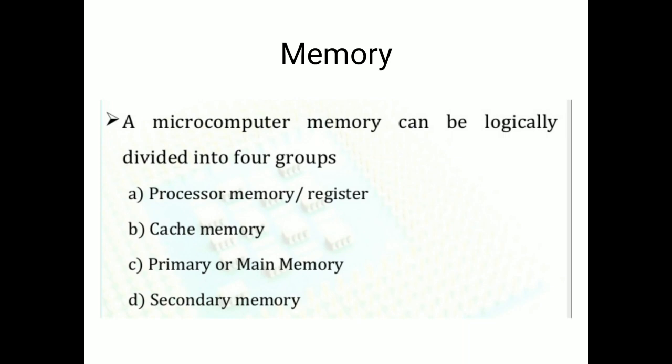A microcomputer memory can be logically divided into 4 groups: processor memory, cache memory, primary or main memory, and secondary memory. Processor memory refers to a set of CPU registers.